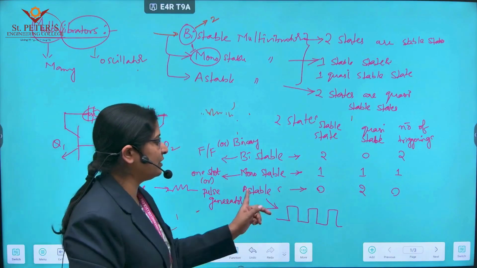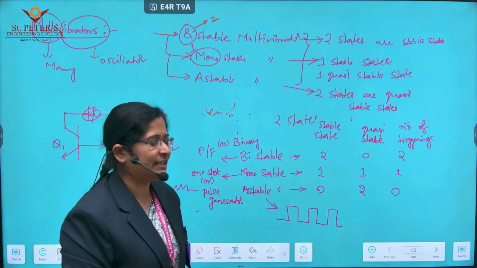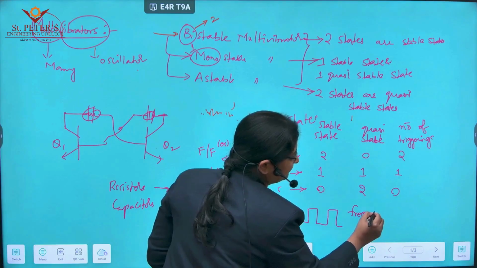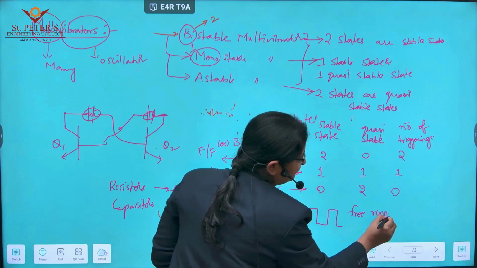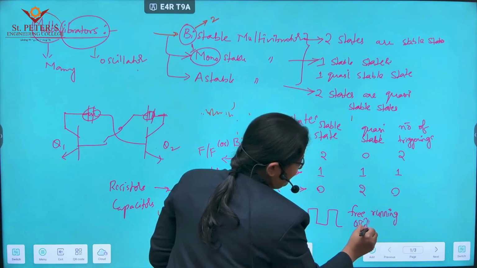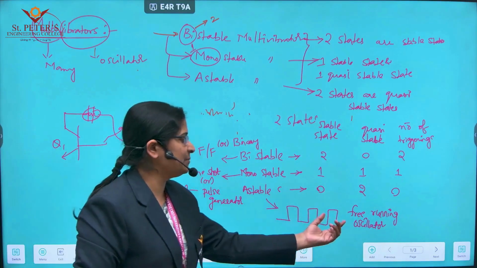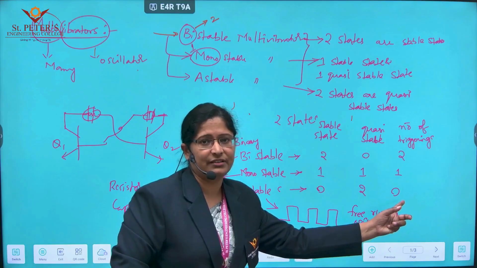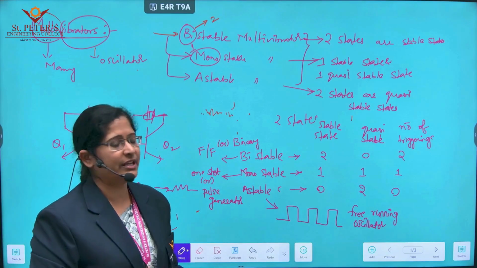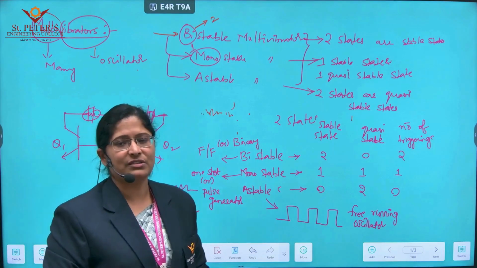As we are not applying any triggering, the astable multivibrator is named a free running oscillator. Why oscillator? Because without applying any external trigger, it generates output oscillations of square wave. Hence it is also called a square wave oscillator.